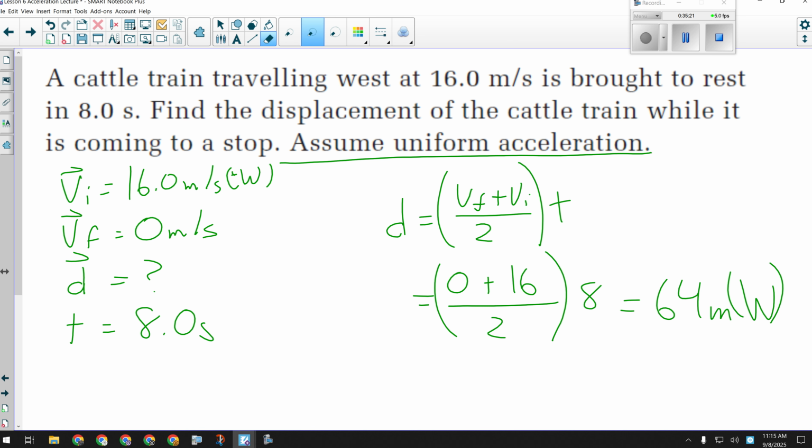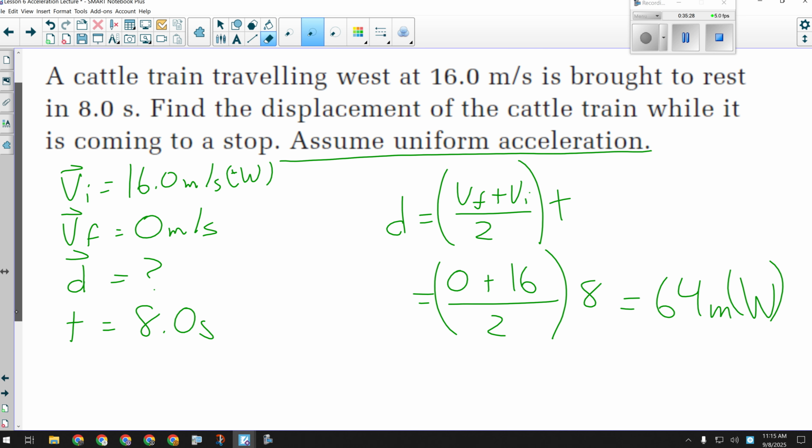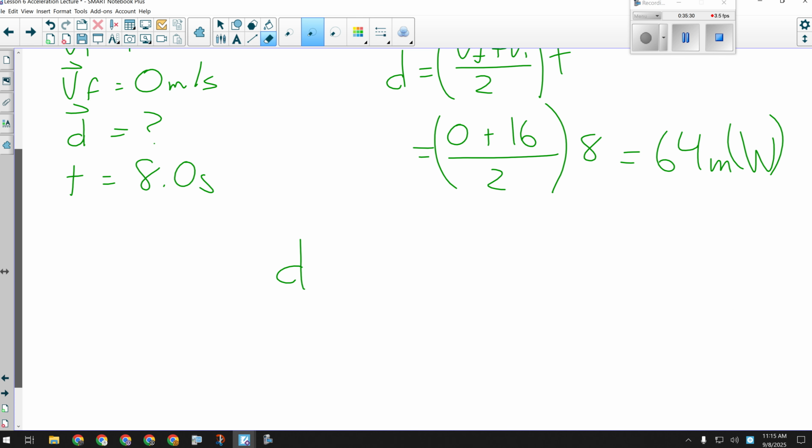Okay. Everybody okay with that? All right, let's look at some possible manipulations of that formula. Okay, let's say I want to solve for t. What do I move? Divide VF plus VI. Divide that over to the other side. Yep. Divide the whole bracket over to the other side.